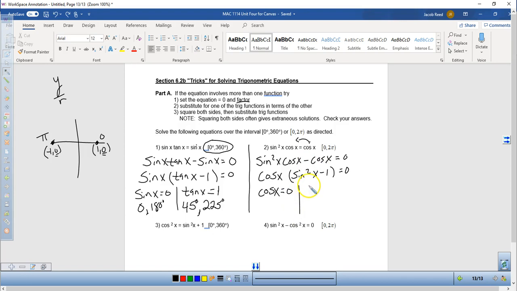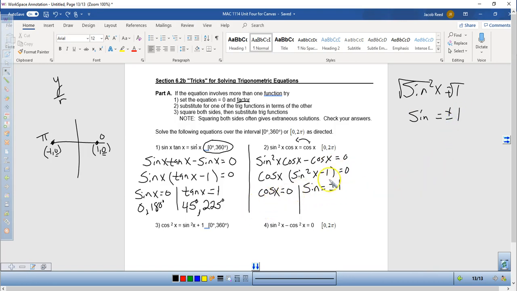And this I'm really talking about when sine, since it's sine squared minus 1, that really means that I'm looking at when is sine positive and negative 1. Because remember, if I have sine squared equals 1 and I square root both sides, I get that sine has to equal positive negative 1.